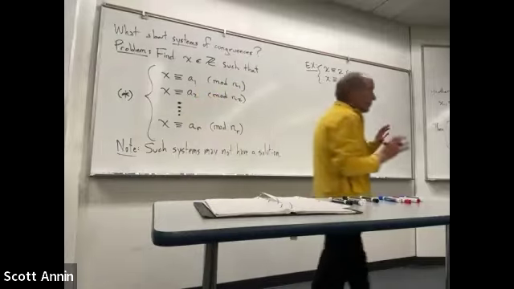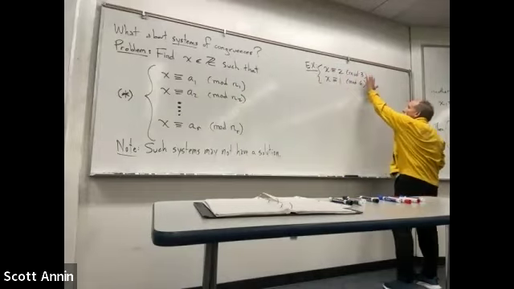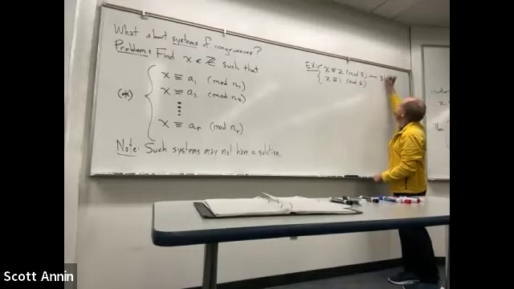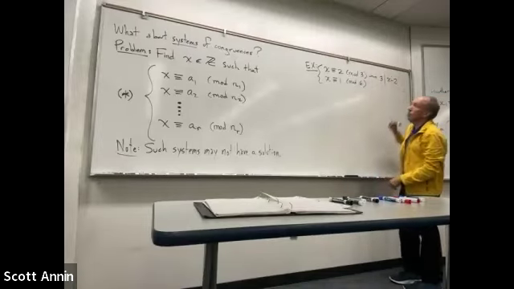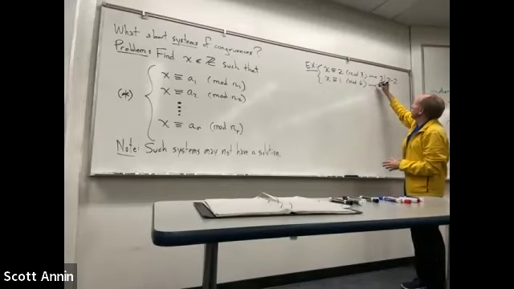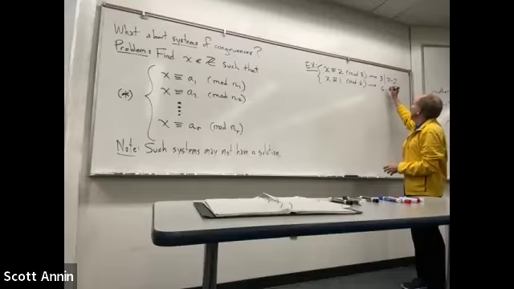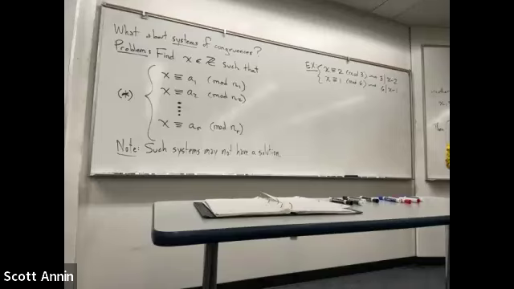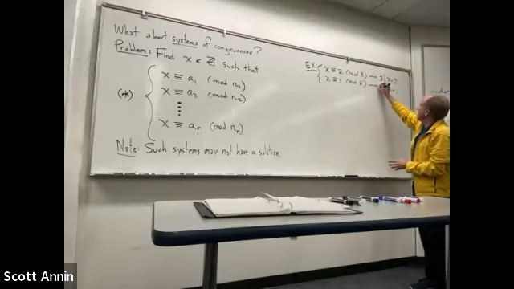So you're looking for x's that are congruent to 2 mod 3, but also congruent to 1 mod 6. The first equation tells you that 3 has to divide x minus 2. But the second congruence tells you that 6 has to divide x minus 1. But of course, 3 divides 6 also.